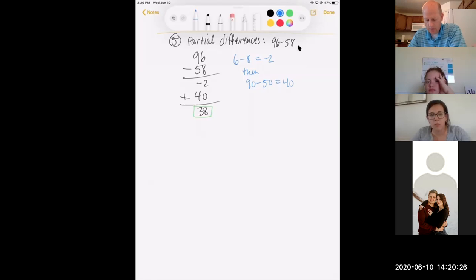I was thinking starting at the negative 2 and the 40 and then showing that there's 38 difference between there. Yeah, you'll have to get the 58 down to negative 2 and then the 96 down to 40 to show that difference. So it's a pretty big jump. But those are good thoughts.